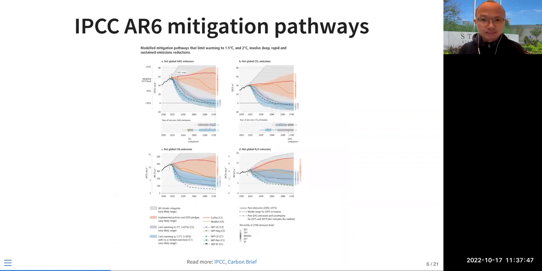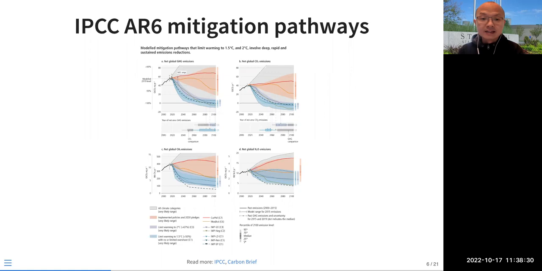Mitigation pathway. Think about it, we know our goal, and that's no more than 2 degrees C, and as much as we can do toward 1.5 degrees C. That involves deep, rapid, and sustained emissions reductions. That also requires deploying renewable energy, low cost, lower carbon technologies, and clean energy, at the speed and the scale needed to achieve those goals.